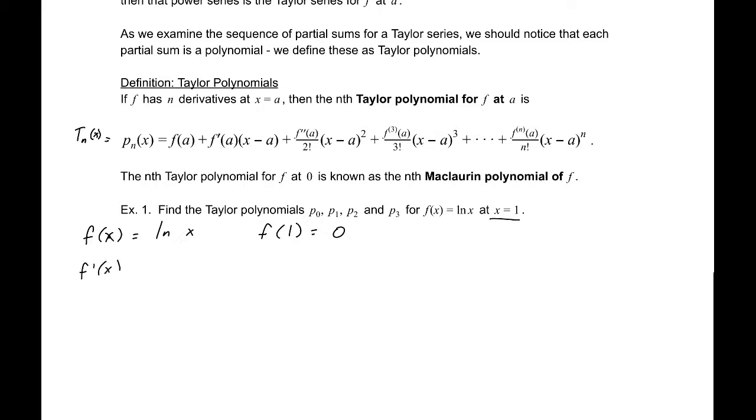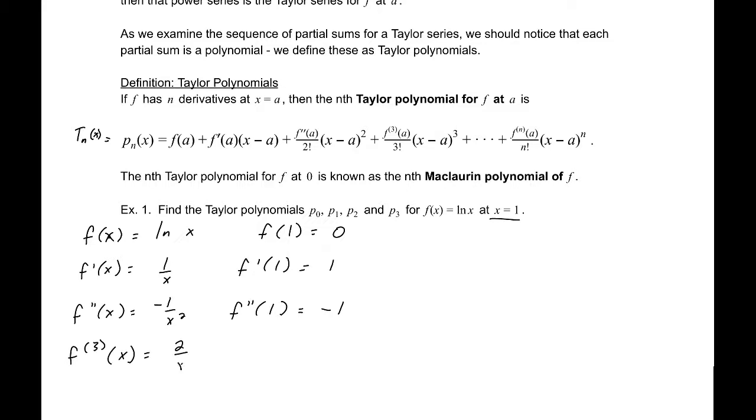F prime of x is 1 over x, and so f prime of 1 is 1. The second derivative, negative 1 over x squared, and so evaluating the second derivative at 1, we get negative 1. The third derivative of x is 2 over x cubed. So the third derivative evaluated at 1 is 2.